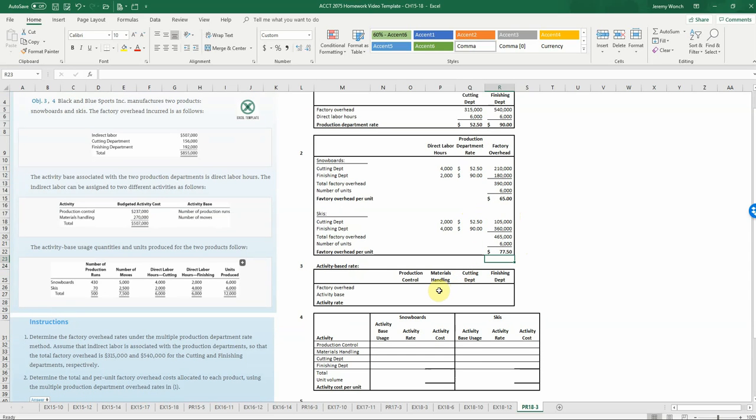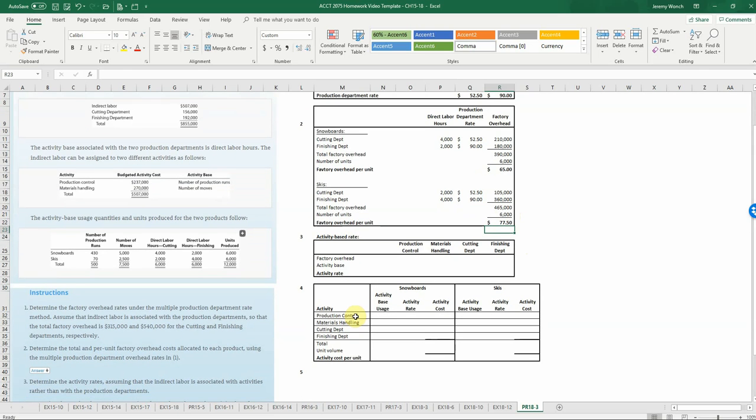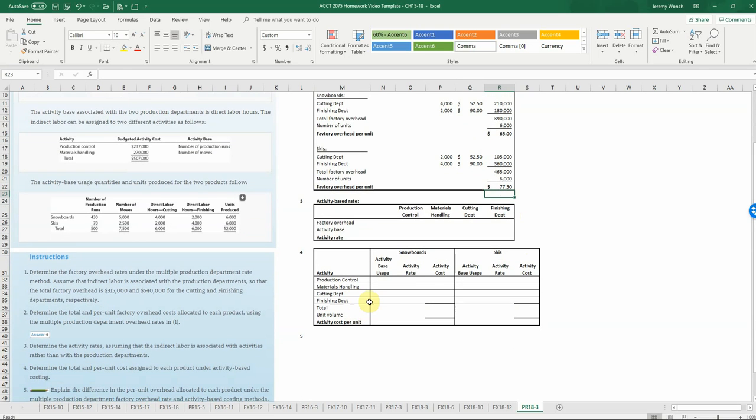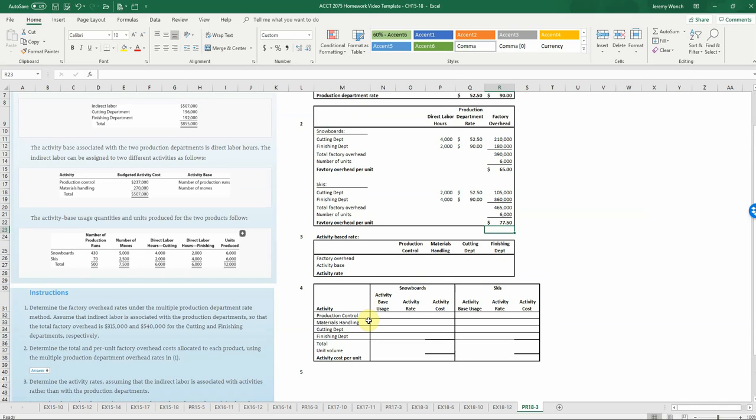So now in part 3, we want to look at this on an activity basis instead of a departmental basis. Instead of breaking it out by department, we're going to break it out by activity.